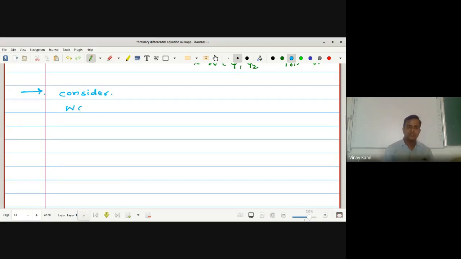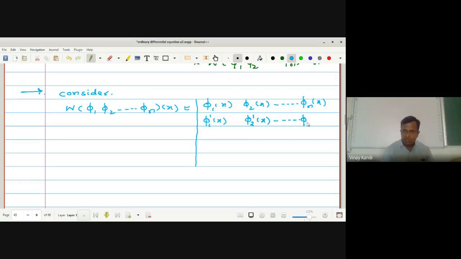Consider the Wronskian of phi 1, phi 2 up to phi n at point x. It is given by the determinant of phi 1 of x, phi 2 of x up to phi n of x; phi 1 dash of x, phi 2 dash of x up to phi n dash of x; and so on, up to phi 1 raised to n minus 1 of x, phi 2 raised to n minus 1 of x up to phi n raised to n minus 1 of x.